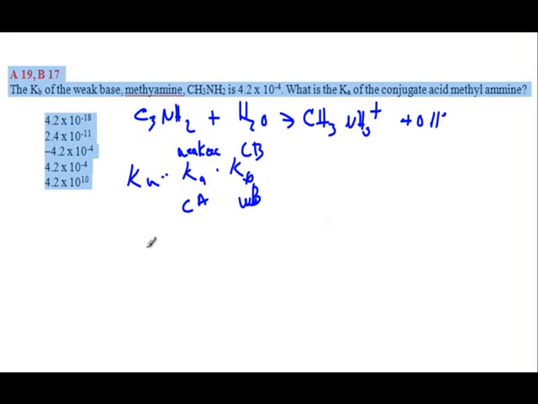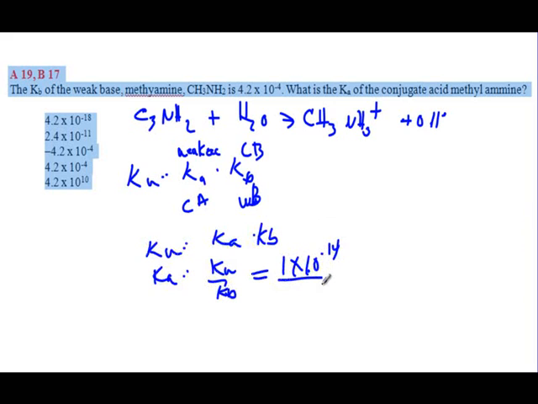So Kw is Ka times Kb. I'm trying to find Ka, so Ka is Kw over Kb, and that's going to be 1 times 10 to the minus 14 over my Kb, which is what I'm given, 4.2 times 10 to the minus 4.